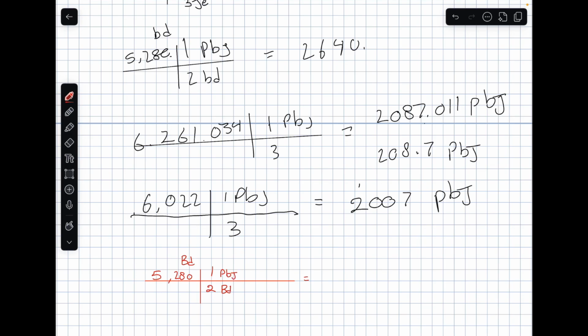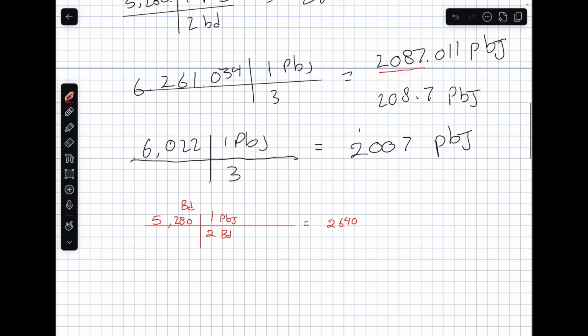That gives us 5,280 divided by 2, which gives us 2,640. We'll do the same thing for the next value, which is going to give us 2,877.1, which I believe is going to be our peanut butter.